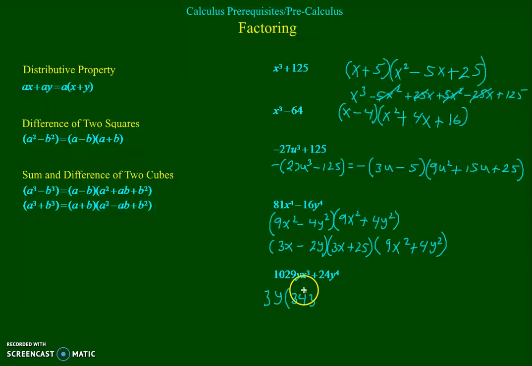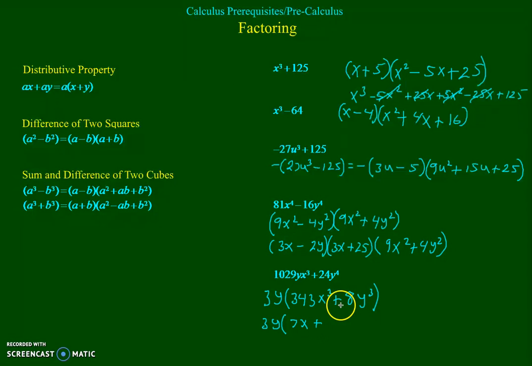The y was gone, and we have this x cubed here, plus 24 divided by 3 is 8, and y to the third. So now clearly you can see we have a difference of two cubes. 8 is 2 cubed, and 343 is 7 cubed. So this is going to be 3y. And then we have a 7x. Same sign.